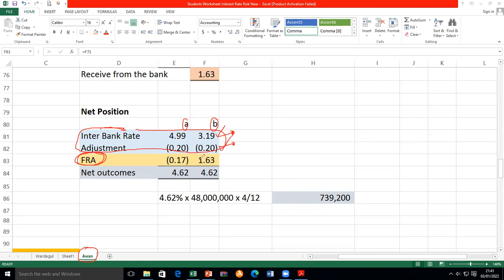Next, we've got 2 instruments to look at: futures and options. We can hedge the same exposure using interest rate futures and interest rate options.